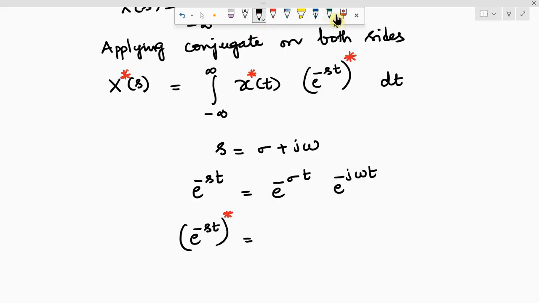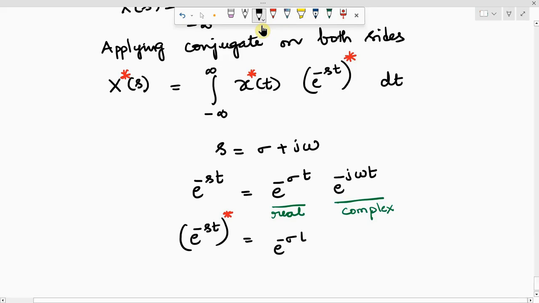can you please tell me, the first exponential, is it a real exponential or a complex exponential? Real exponential, sir. So it is a real function. Second one, obviously you can see j, so this is a complex exponential. This conjugate will be applied to both the functions.